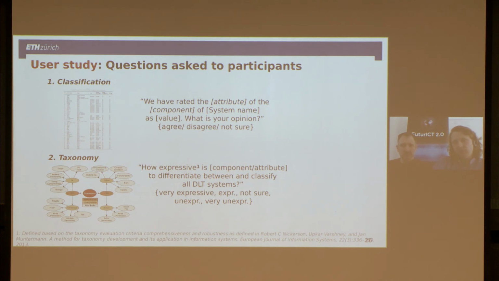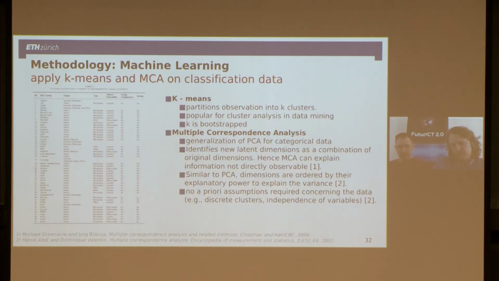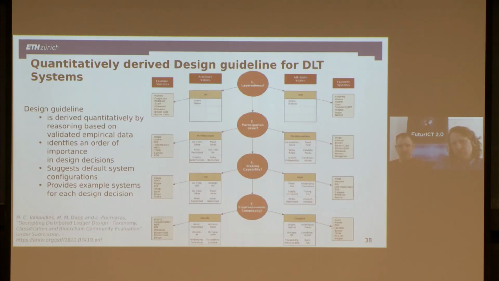In the end, we have a ranking of importance measured by the explained variance in the systems, which led to the construction of this design guideline. Here one could say, but I would not necessarily say, that some of these attributes are more important than the others, but rather the combination of them. If you want to design a system, it's basically the variance in the data.